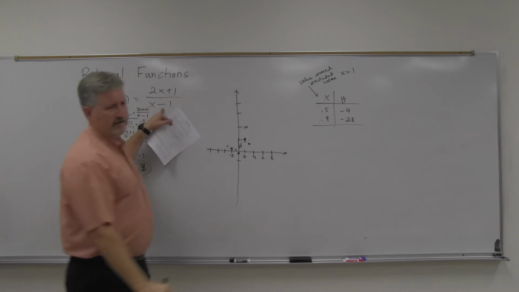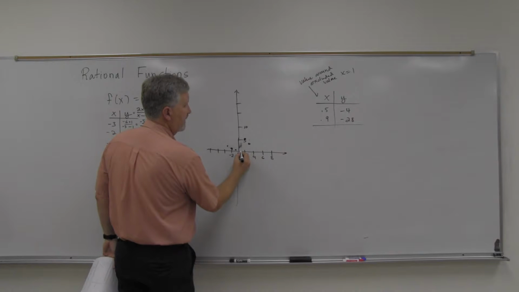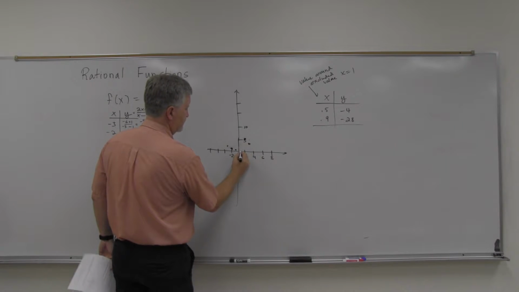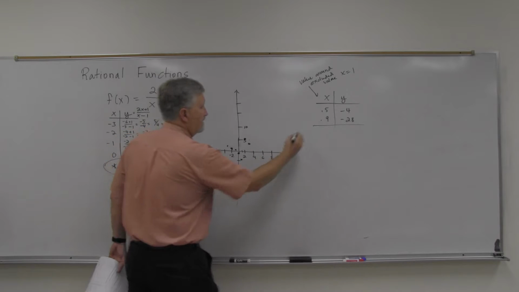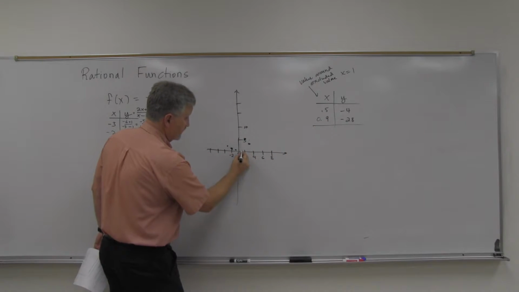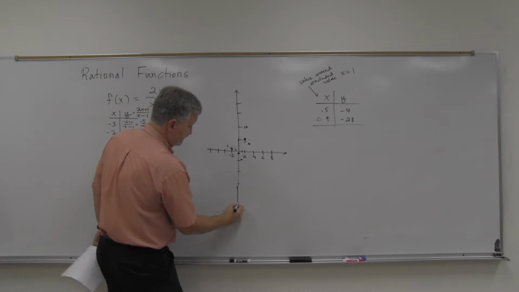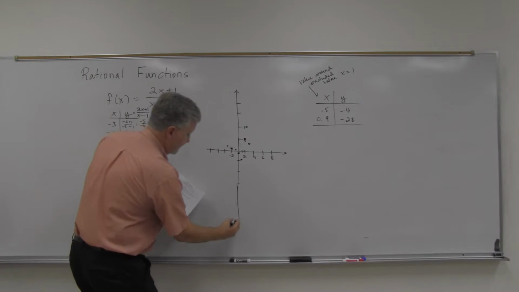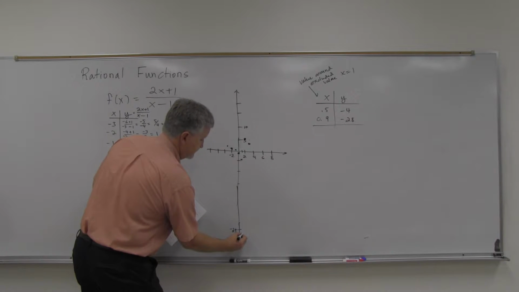Right, because that's the excluded value here, x equals 1. So at 0.5, I'm at -4. And then at 0.9, I'm at -28. So real close to 1, I'm way down here, maybe even off the, well, got it down to -25, so it is just a little bit off what I provided there, but it's -28.